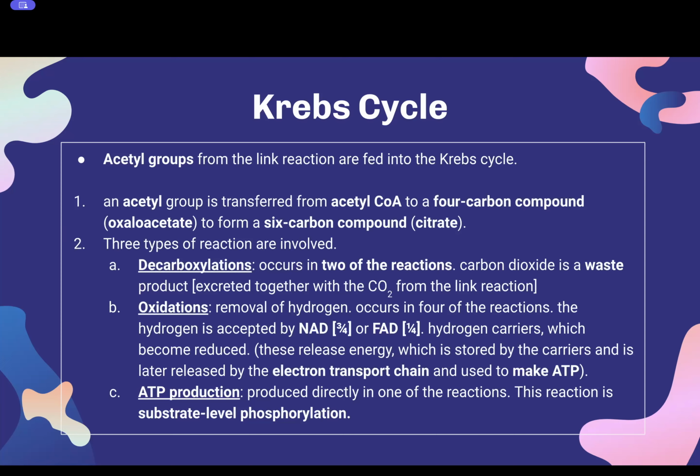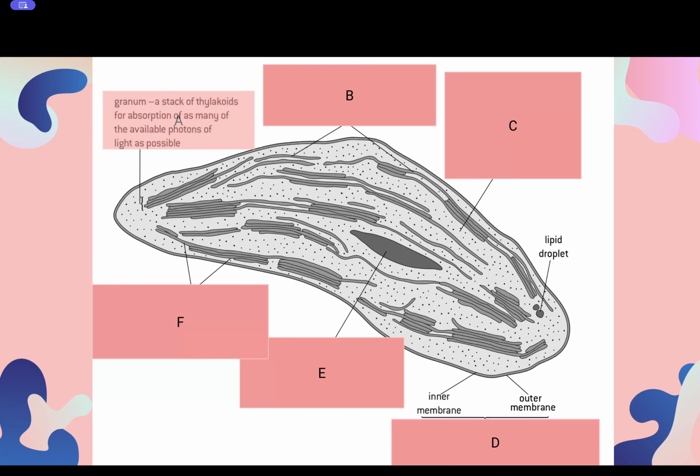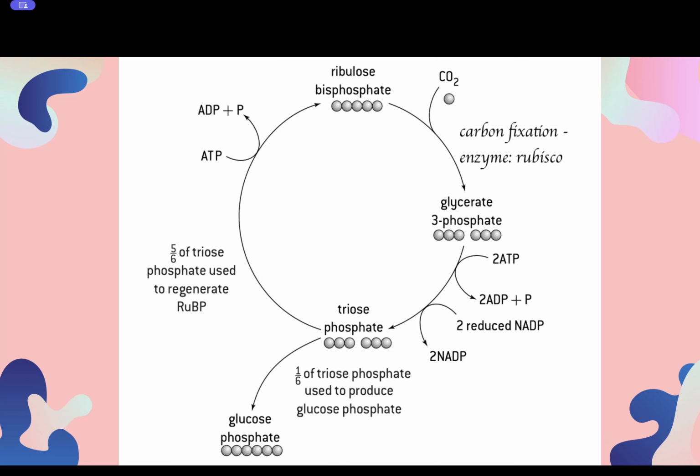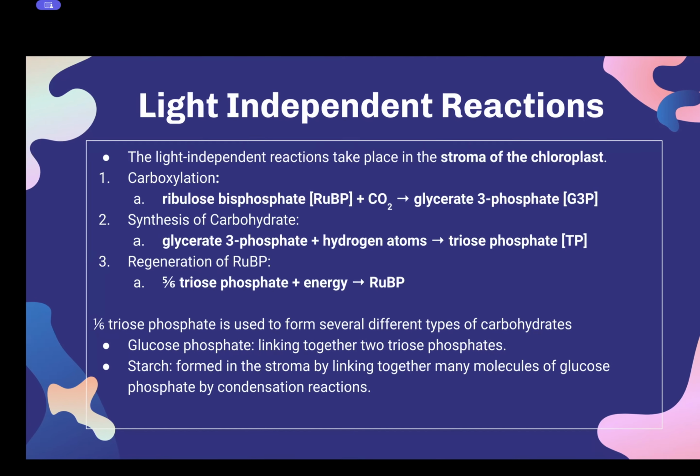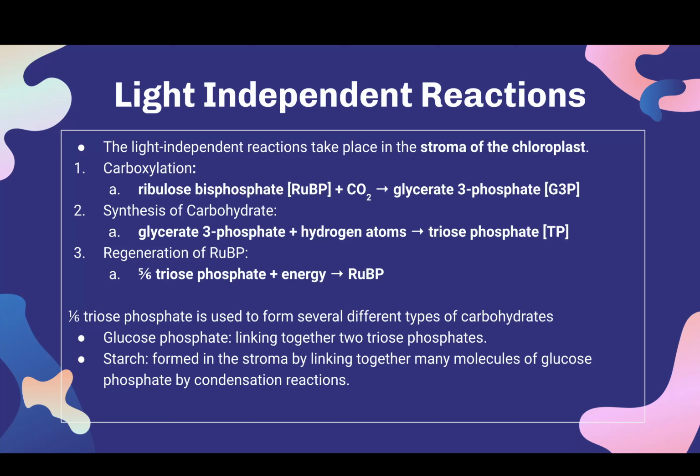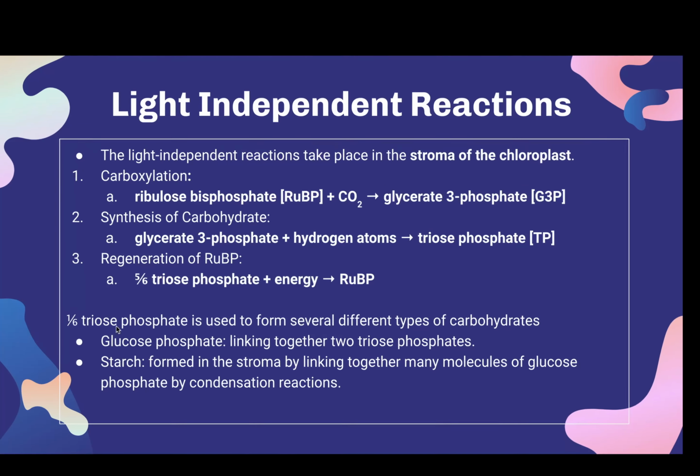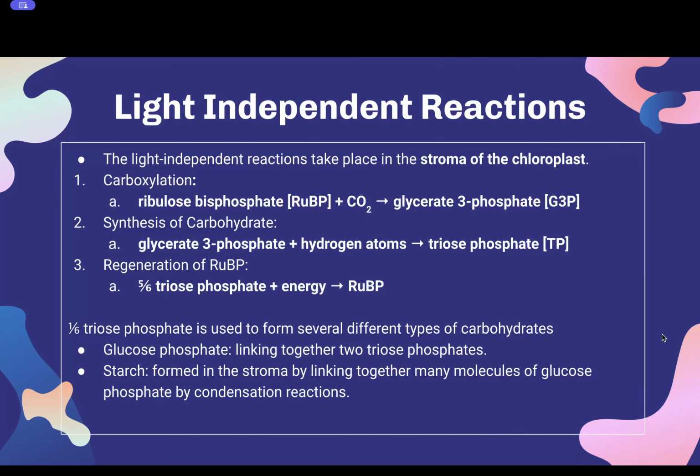No, we didn't. Sorry, my bad. Anyway, even if we haven't looked at it before, triose phosphate is TP. That is what will link together to make glucose.